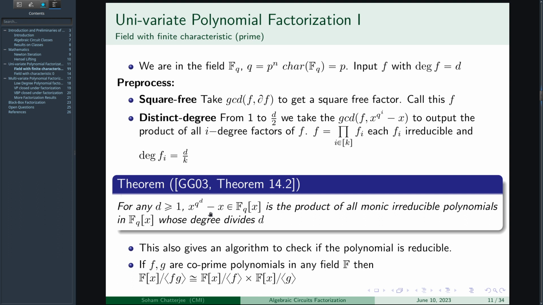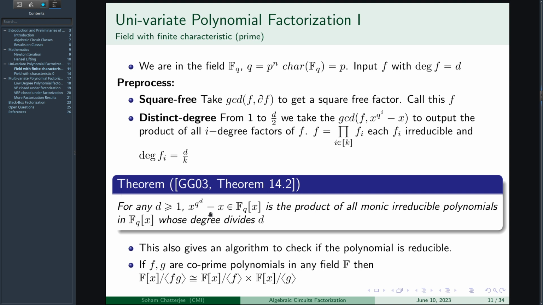So if I do it from 1 to d by 2 and separate all those factors, then suppose after the ith step we don't have any ith degree factors. Then at the next step i plus 1, we will only get the product of all degree i plus 1 irreducible factors of f. That's how we get the product of all degree i irreducible factors of f after this process.